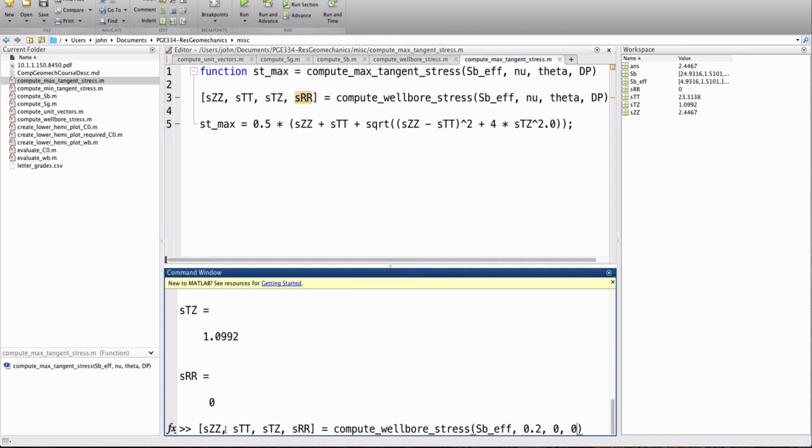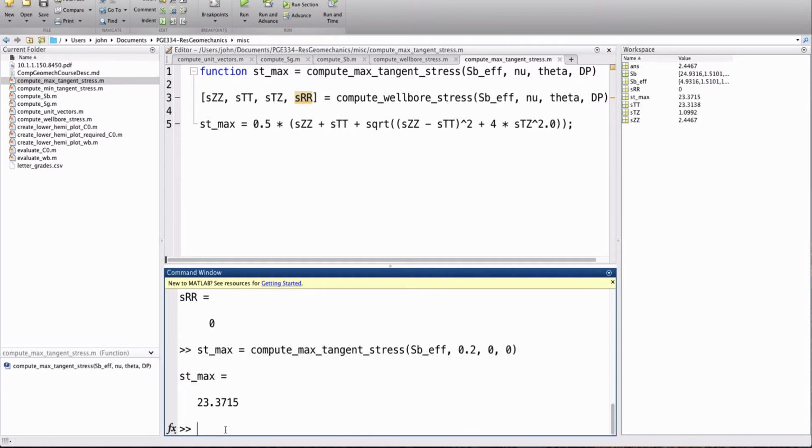So compute max tangential stress returns ST max, right? Okay. So that's the value, but again at theta equals 0.